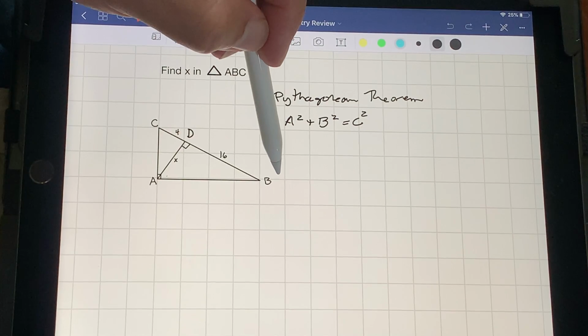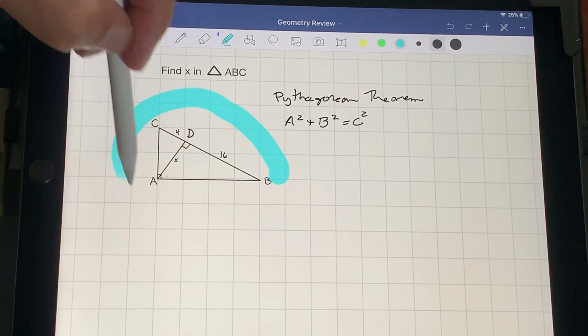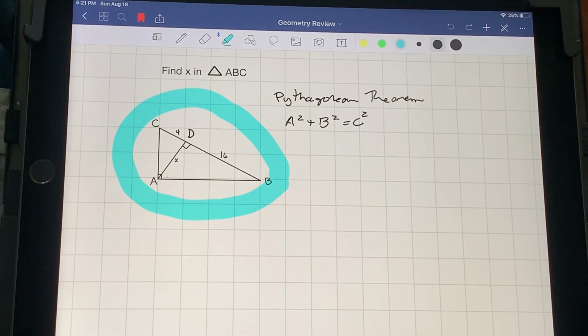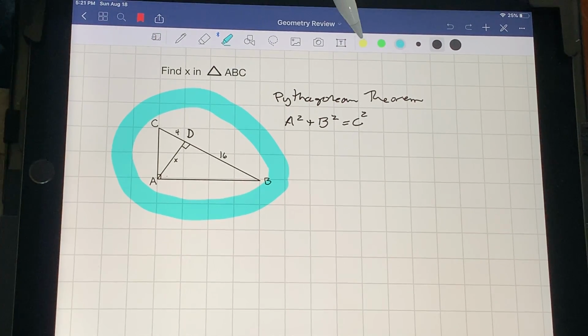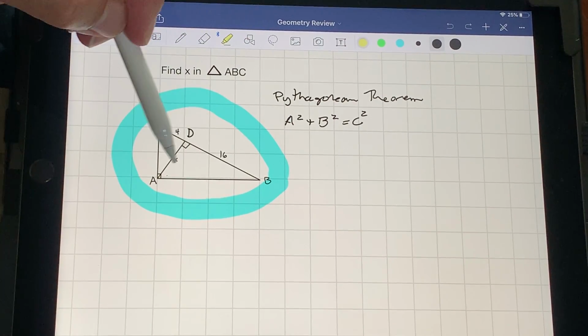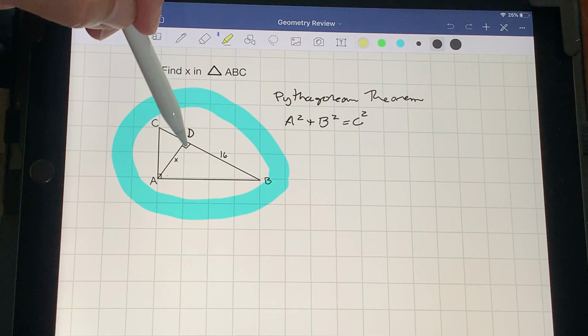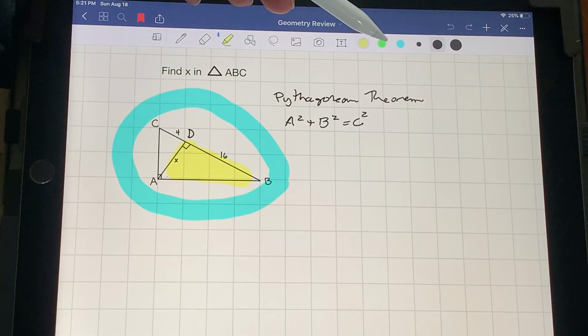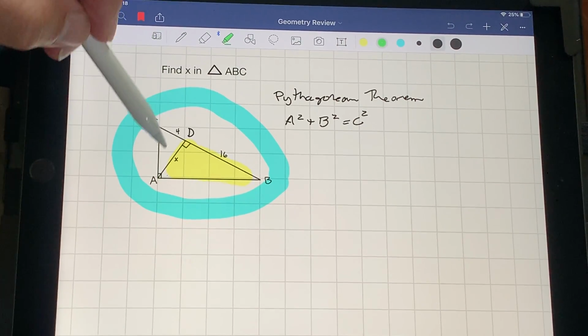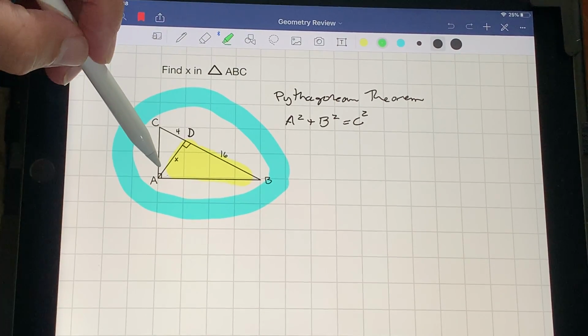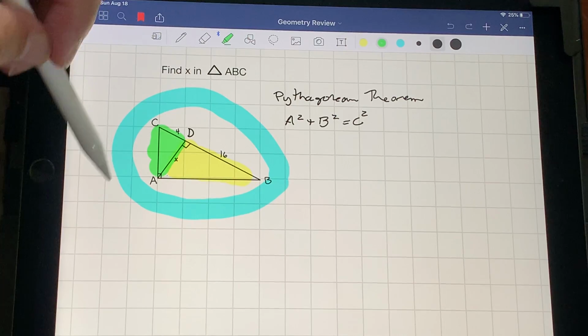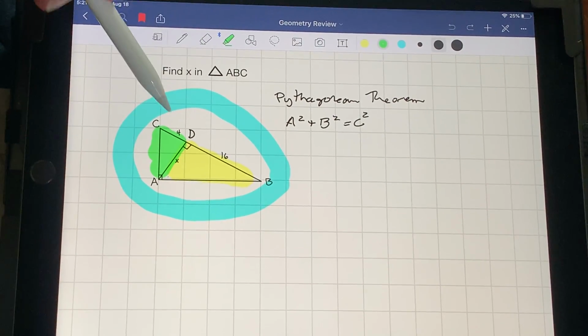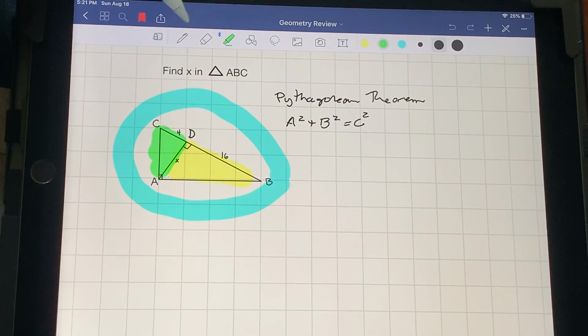I have the main triangle, which is ABC, but then I also have the triangle formed by ABD, which is this little triangle here. And then I have another triangle which is formed by ACD. So as you can see, I have three triangles, as I mentioned.